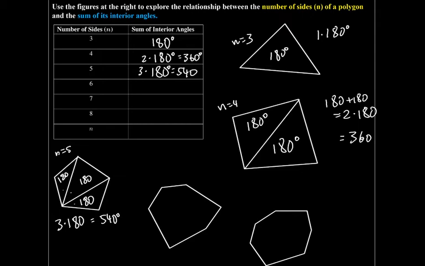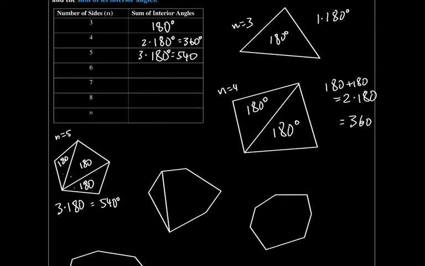Okay. I think you might be starting to see a pattern. If you are, then you can try to start thinking, what is the pattern that's going on here? So let's look at this. Now, instead of writing 180 in each of these, I'm going to start counting them.